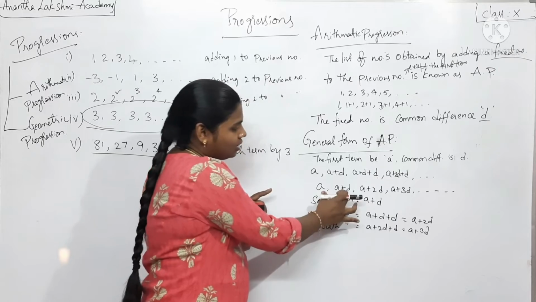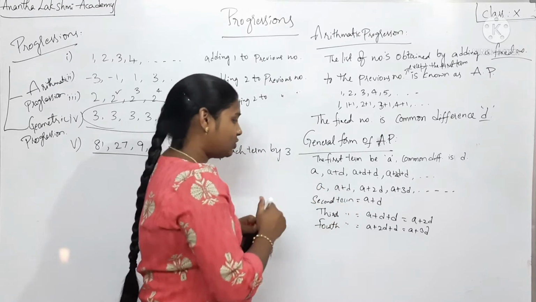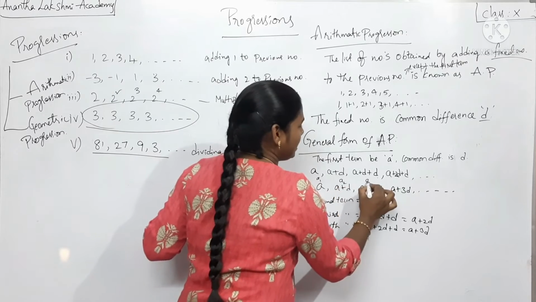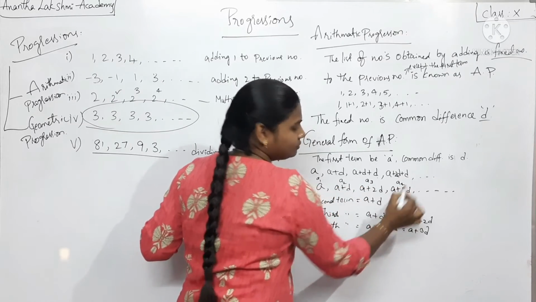If you take the difference of the first two numbers, like this is A1, A2, A3, A4, right?